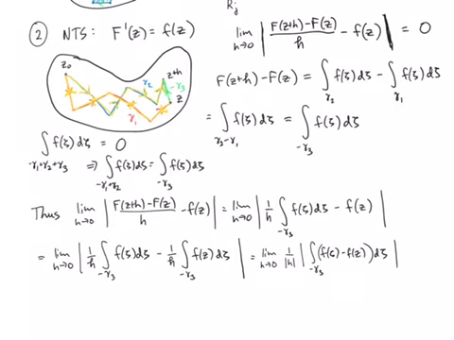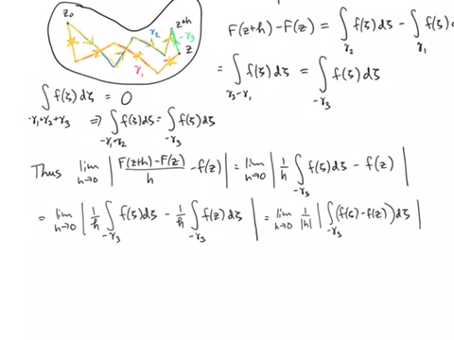And then a typical application of the max length inequality shows that this is less than or equal to the length of negative gamma 3, which is just the length of h, times the max along that curve of the absolute value of f of zeta minus f of z.